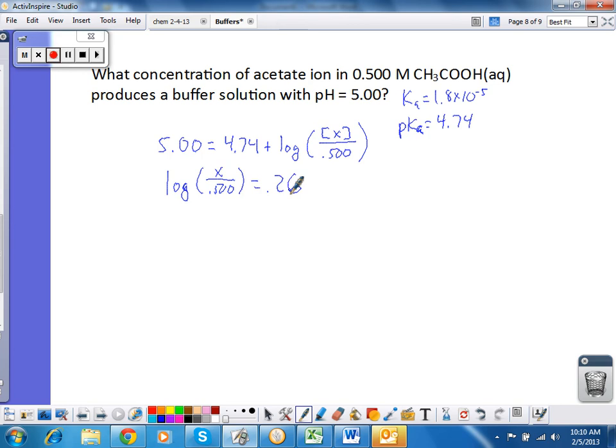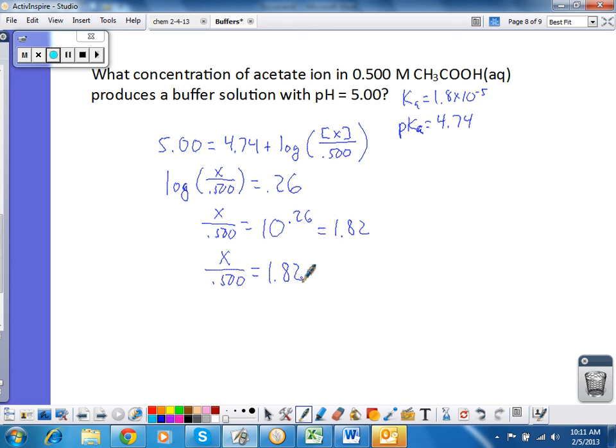So now if I take the antilog of both sides, raise both sides to the 10th power, I get x over 0.500 is equal to 10 to the 0.26. 10 to the 0.26 is equal to 1.82. So that means x over 0.5 is equal to 1.82.